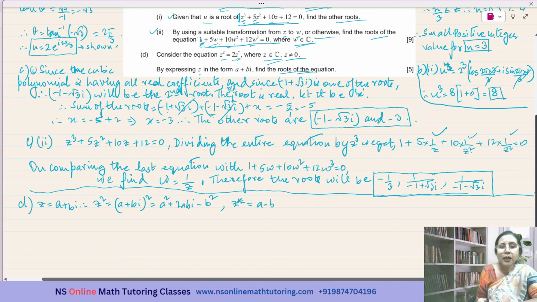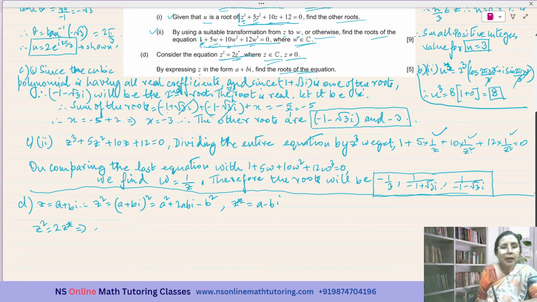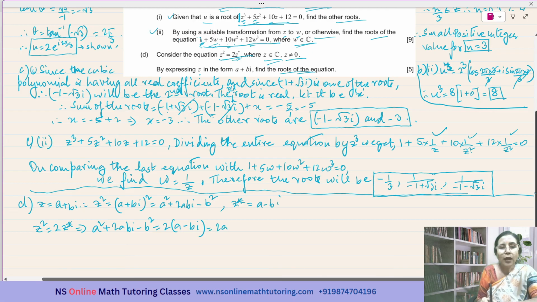It is a minus bi. So z square is equal to 2 times the complex conjugate of z. This implies a square plus 2abi minus b square should be equal to 2 times a minus bi, which is equal to 2a minus 2bi.